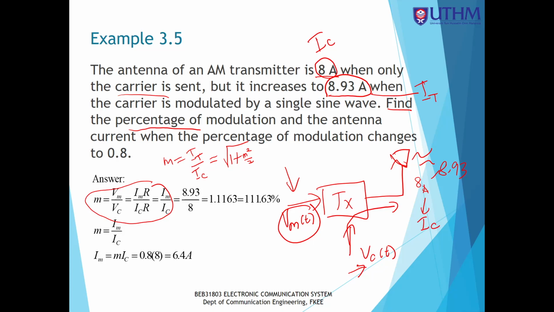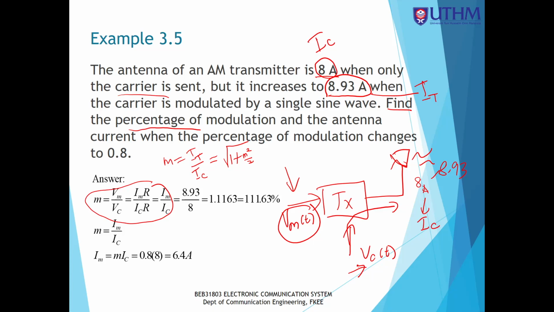Dia adalah total current. So you need to find the new I total. Kamu perlu mencari I total yang baru sekiranya given the modulation index 0.8. So now the modulation index is 0.8, you need to find the total current. What about IC? IC is still the same. Okay, I carrier masih sama.